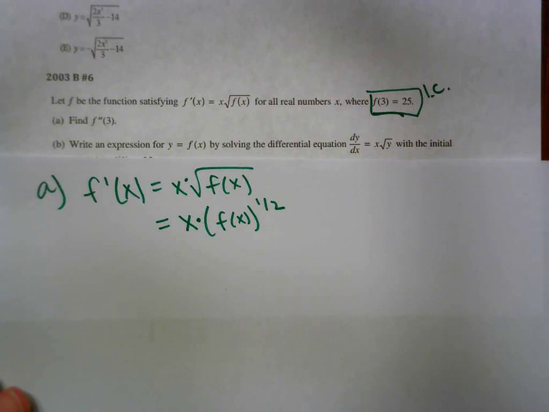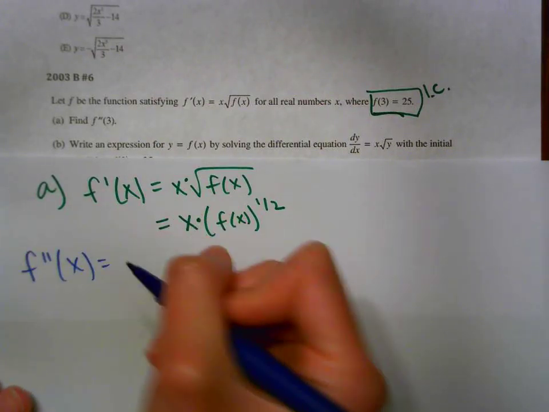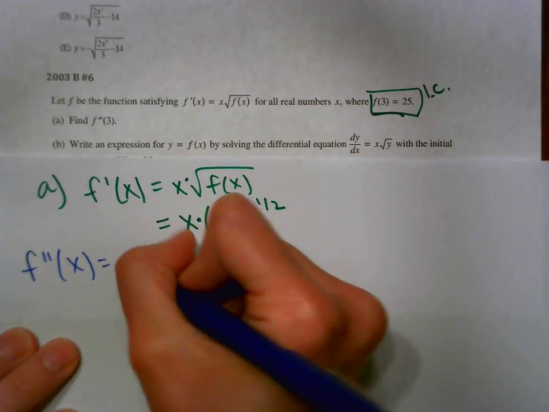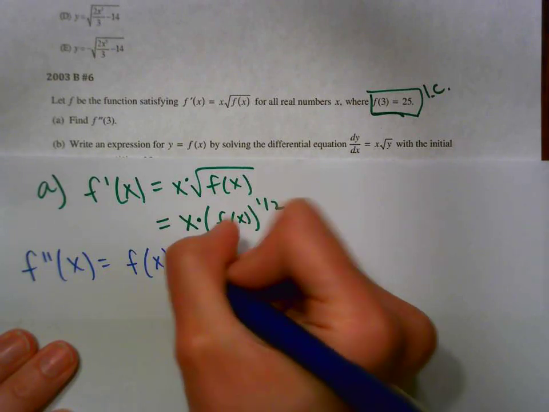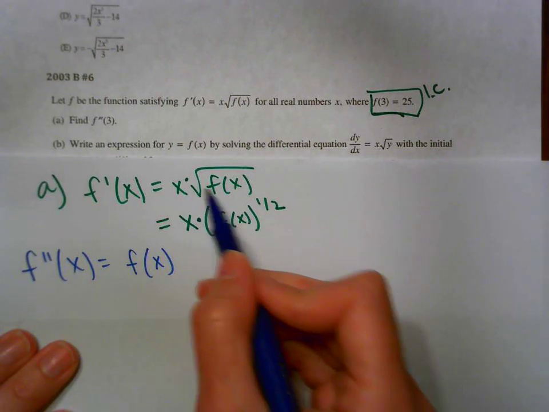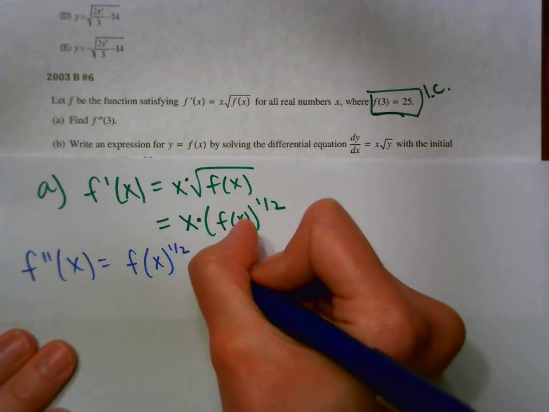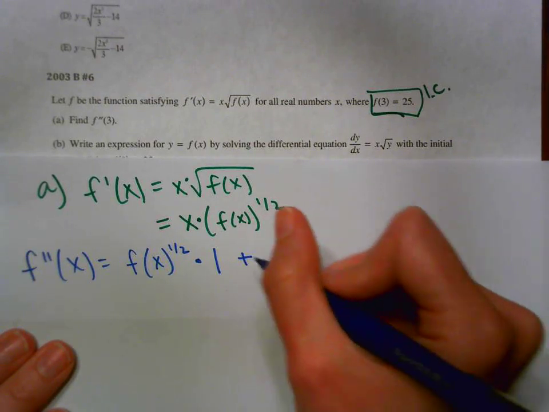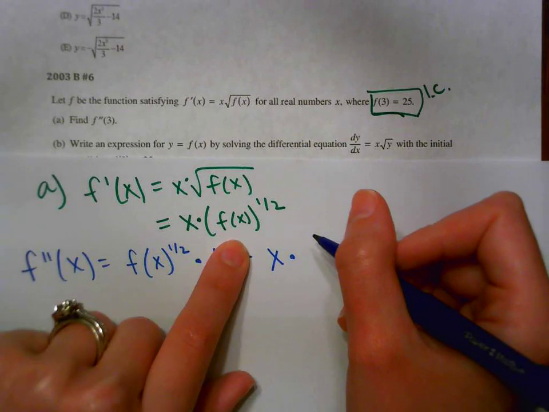So f double prime will equal, if we know product rule, the original second, so f of x to the 1/2 (you could keep the original square root or use what we wrote here), times the derivative of the first, which would be 1, plus, now you switch it, the original first, x, times the derivative of the second, which is where we need chain rule.